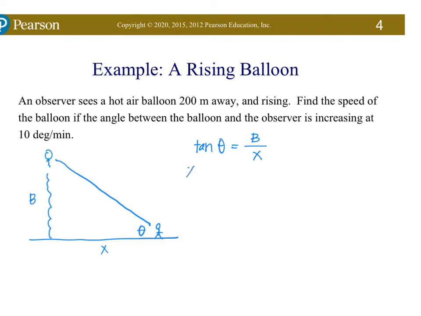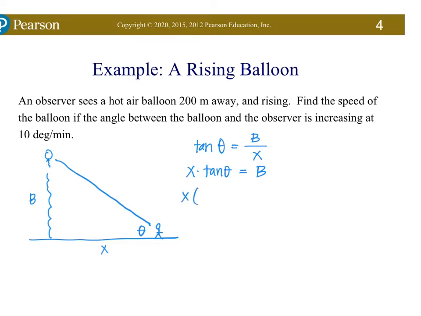Or we could also say that that is x times tan theta equals b. Now, why would I do that? Well, I'd rather take the derivative of a product than a quotient. That's just my personal preference. I like the product rule better. So now I'm going to take the derivative.